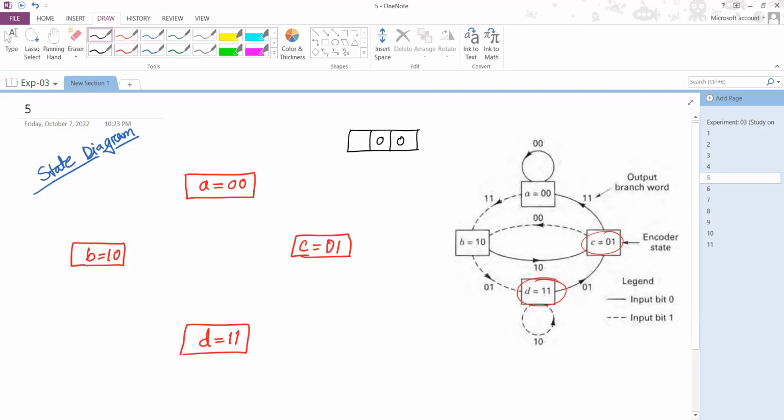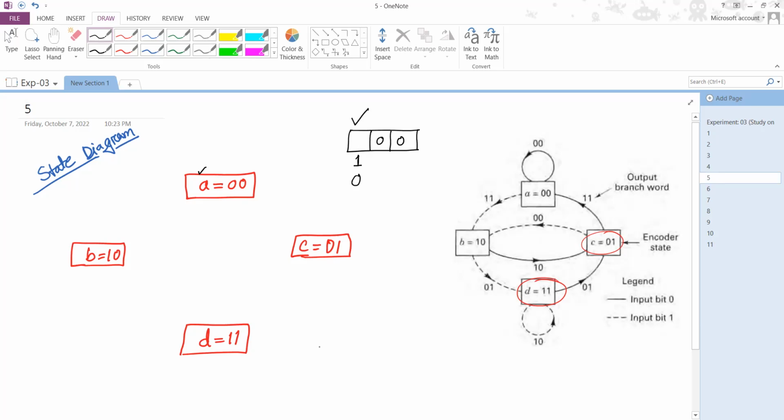That means we are starting with the 0 0 combination from A. Now, only 1 bit is left at the left-hand side. For this 1 bit, either there can be 1 here or there can be 0 here. So there are 2 possible combinations remaining for this position only.